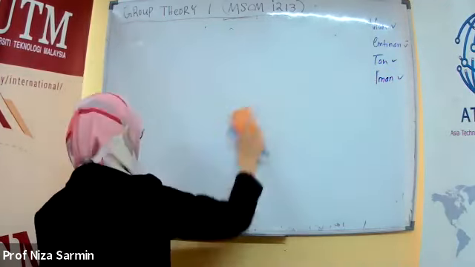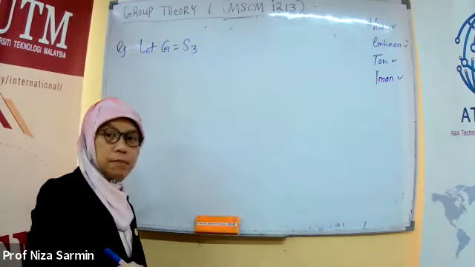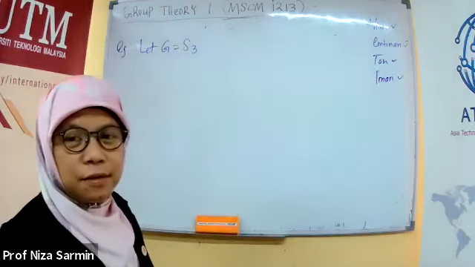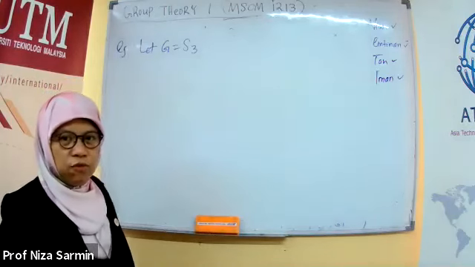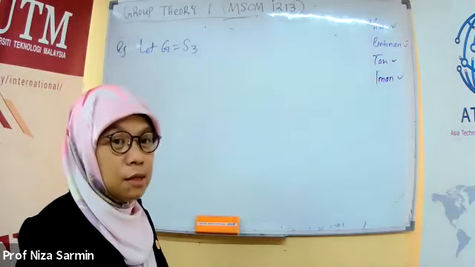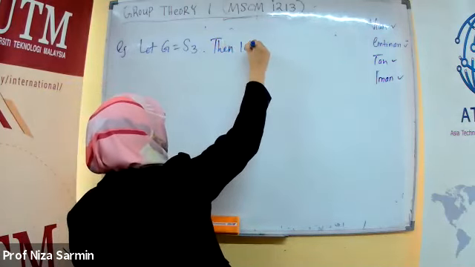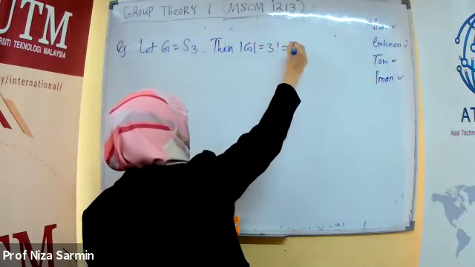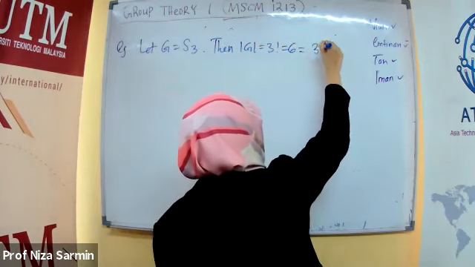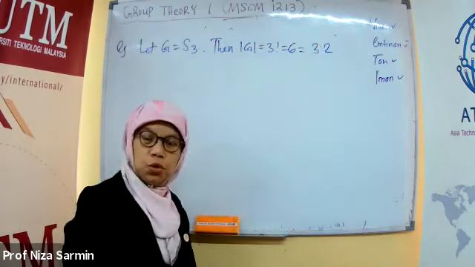Okay, example. Let G be S3. What is S3? The symmetric group of order 6. So this is 3 times 2.